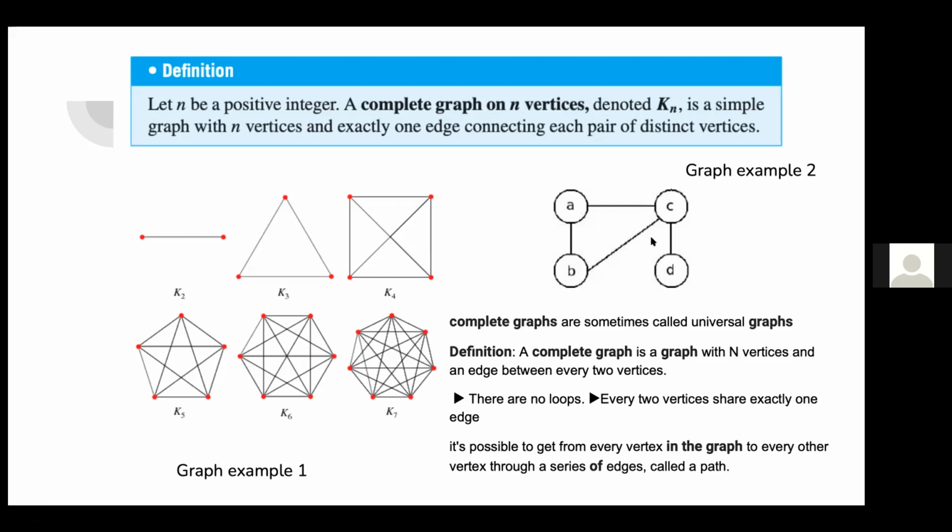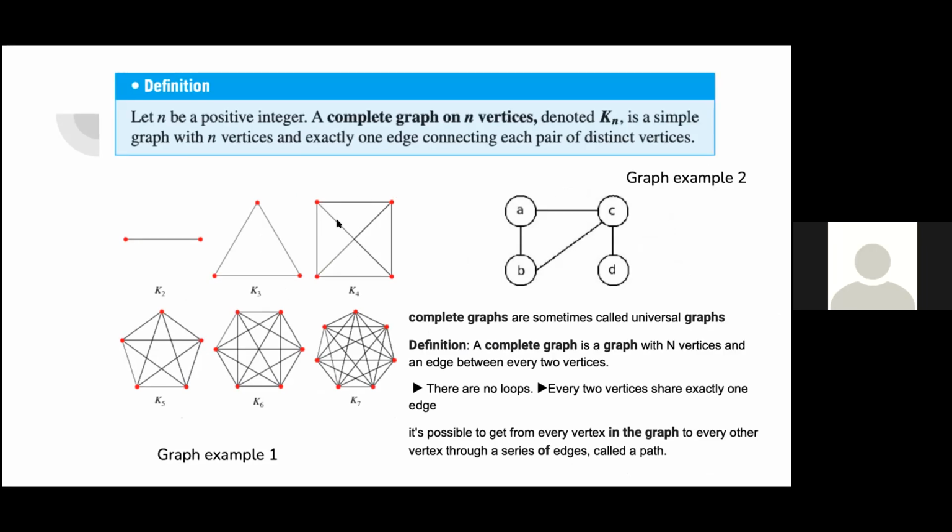If you see example 2, from B to D there's no line, and there's no way from A to D. Think about it this way: all the lines between each vertex are like a path, and no matter which point you start from, you can always get to another point.